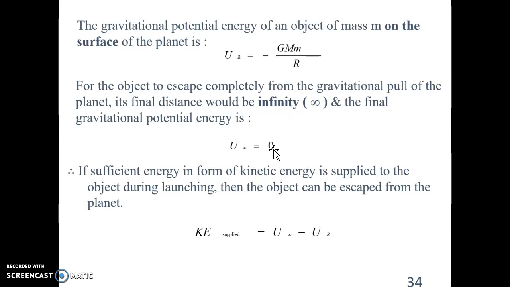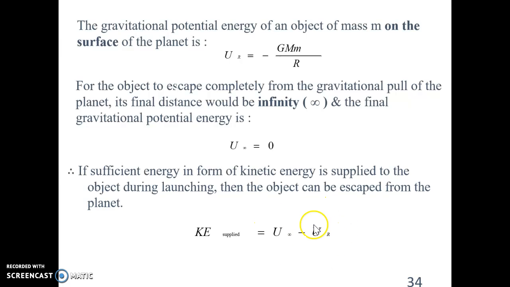The concept here is that in order to move from the surface, we need kinetic energy. This kinetic energy is needed to overcome the gravitational potential energy, that is, final gravitational potential energy minus initial gravitational potential energy.